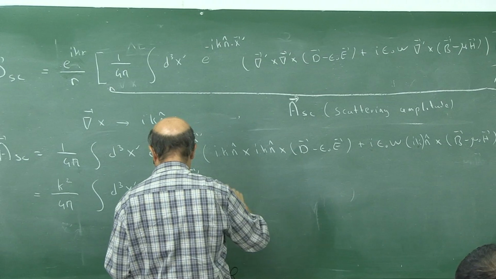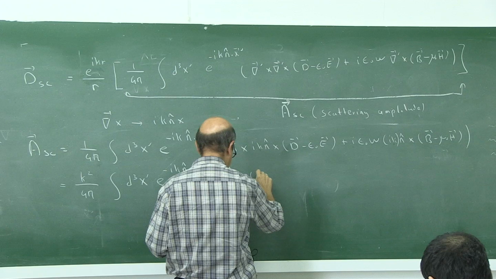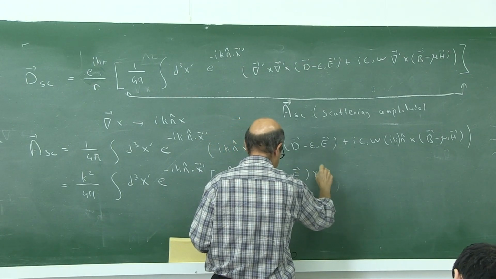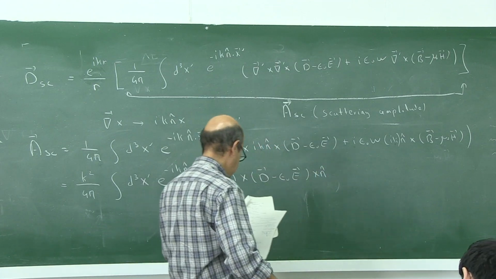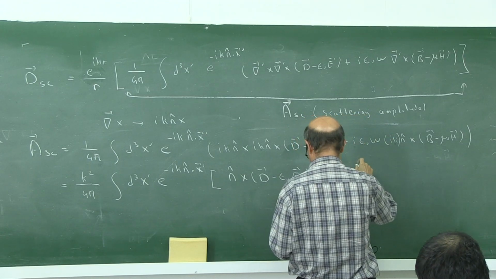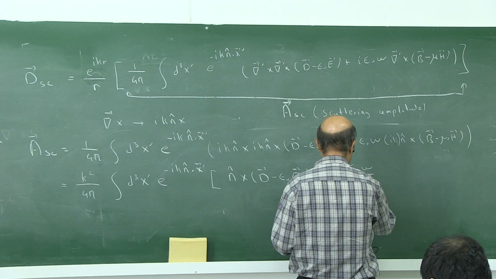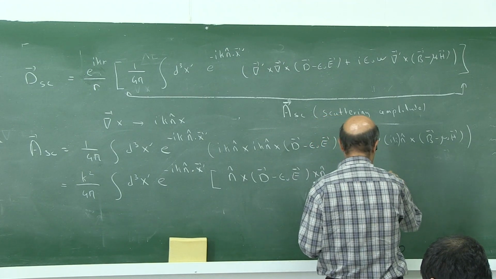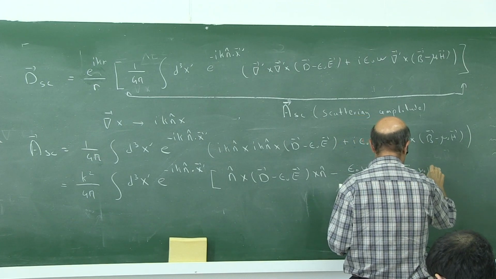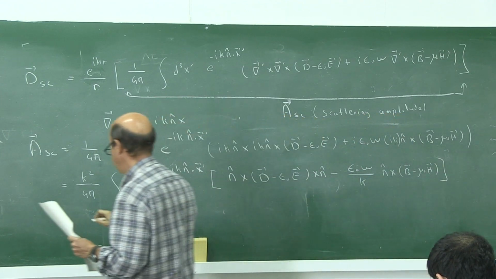This should be minus, switch the cross product order and write in that form: n cross, D minus epsilon 0 E, cross n, and this will be minus. If you take the k square parenthesis, that will be epsilon 0 omega over k, n cross, B minus mu 0 H. So this is the scattering amplitude.